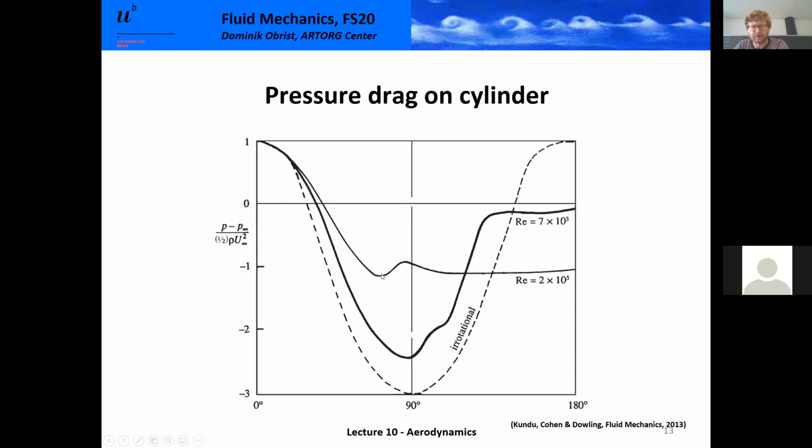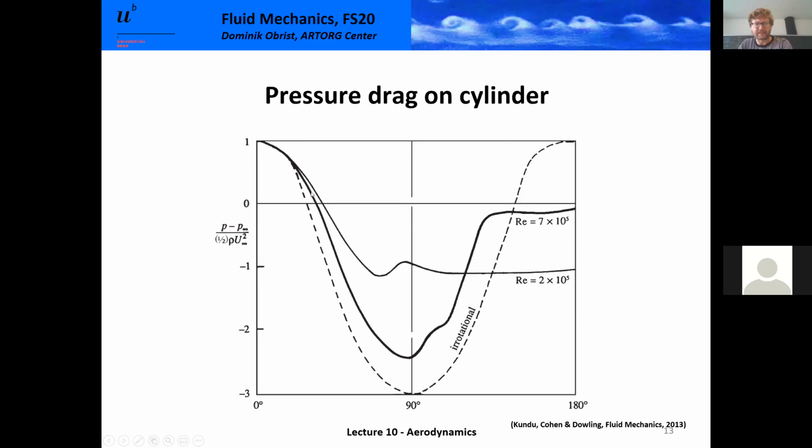And here at this point, this is about the 82 degrees, the wake starts and the pressure remains more or less constant at a quite low level. So we have a big area behind the cylinder in the wake with a relatively low pressure. Okay, so we have high pressure from the front and low pressure in the back, creating a lot of pressure drag.